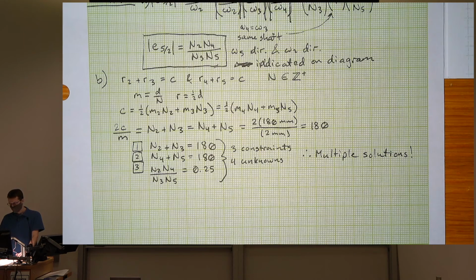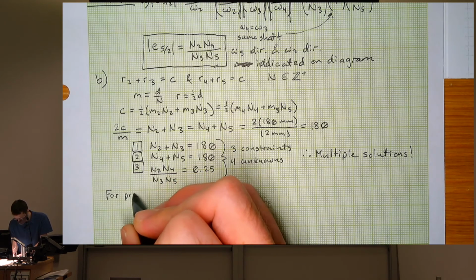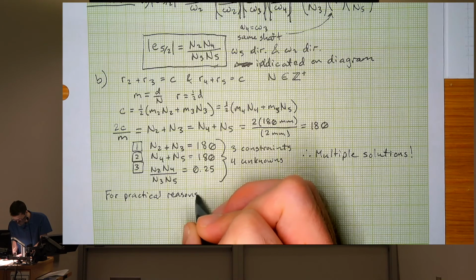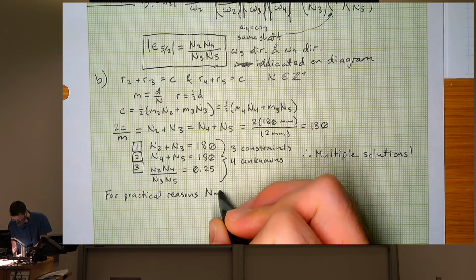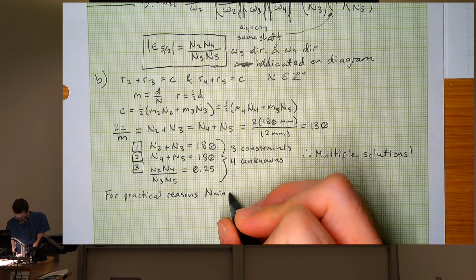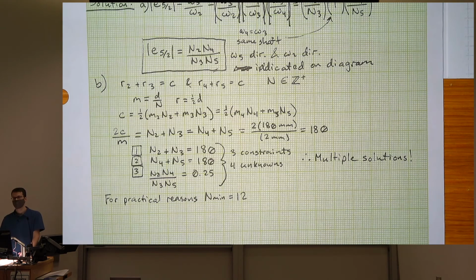Right? So usually, for practical reasons, we have some minimum number of gear teeth on a given gear. And I see a variety of numbers. I think it's pretty normal for that to be 12. But you might be given this on a problem, and it might say, assume the minimum number of gear teeth is 17 or 15 or whatever.